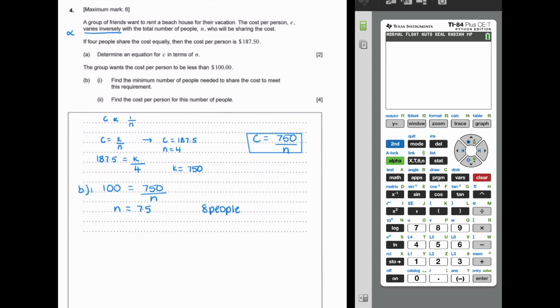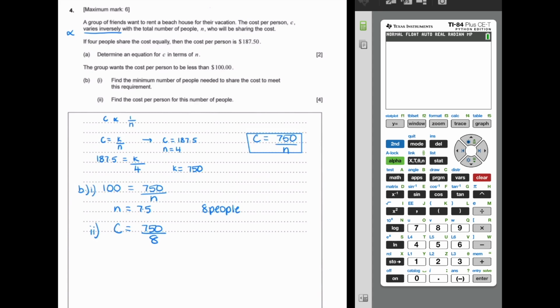And then for the second part of this question, it asks to work out what is the cost per person when they're doing that. So now we need to work out what is the exact cost if those 8 people went? Because I know that it's less than 100, but I don't know how much less.